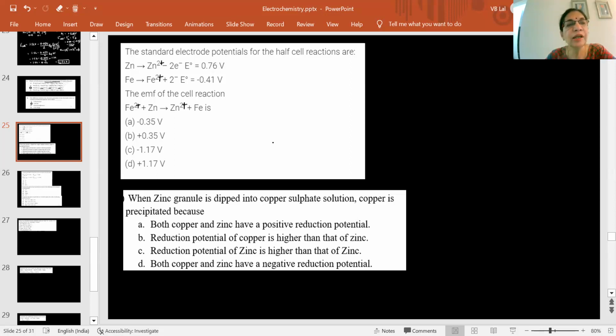Zn2 plus to Zn, that is minus 0.76 volts, and Fe2 plus to Fe, that is plus 0.41 volts. Now you have to find the EMF of the cell. How will you do this question?